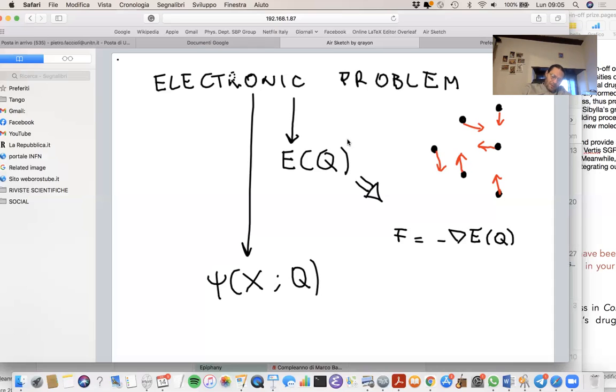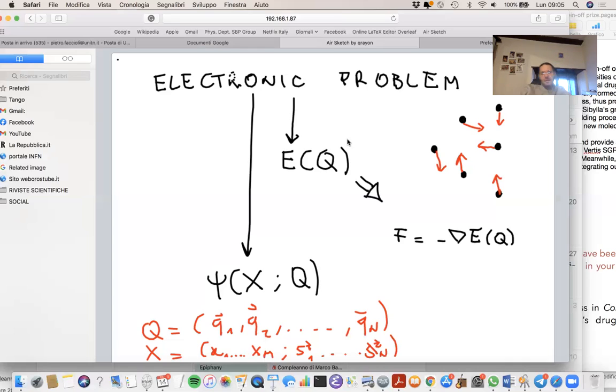And to be very specific, Q is the collection of nuclear coordinates. In other words, the collection of coordinates of all the atomic nuclei in my molecule. And X is a collection of electron positions and spin, or better to say, Z component of the spin.